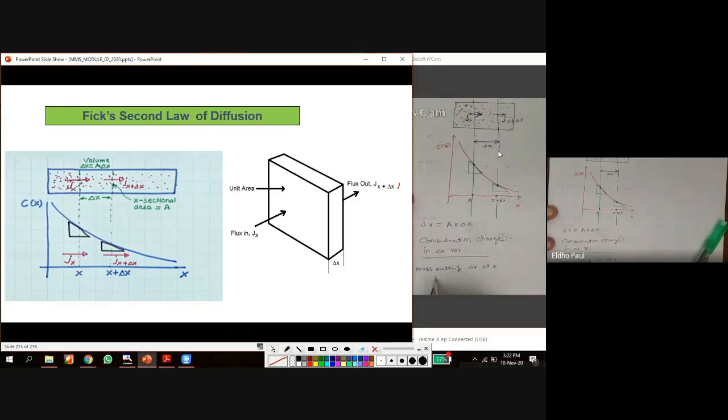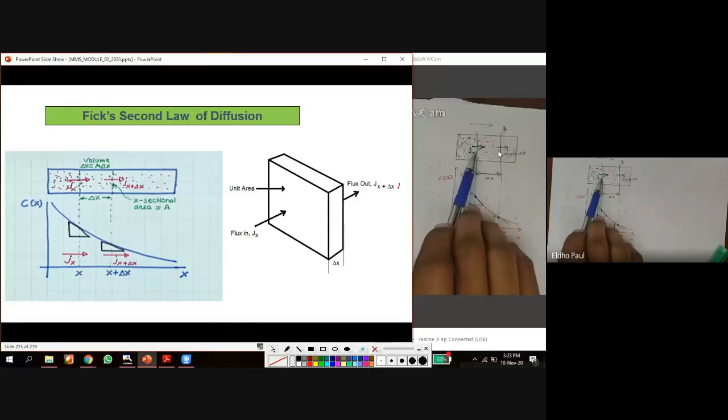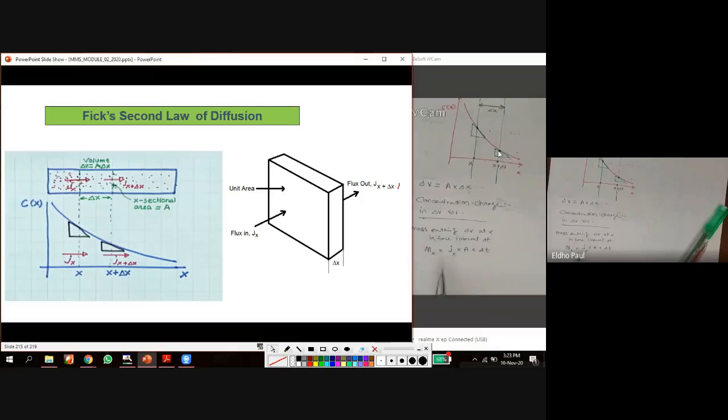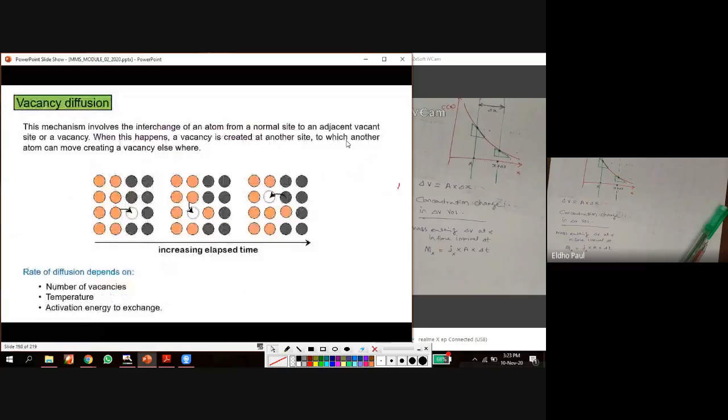In time interval delta T, Mx is equal to Jx into A into delta T. That is the mass of particles entering delta V volume for a time delta T. From where did we get this equation? From the definition of J.